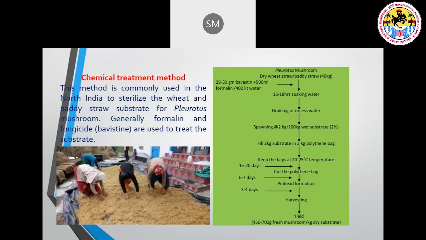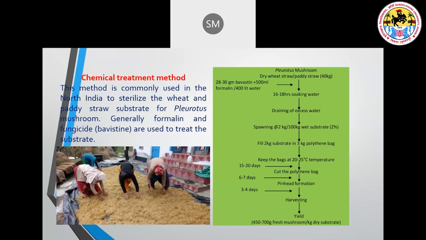The next method is the chemical treatment method. Because everyone wants an organic product, keeping this in mind we try to grow the mushroom organically. So this chemical treatment method should be avoided as far as we can.